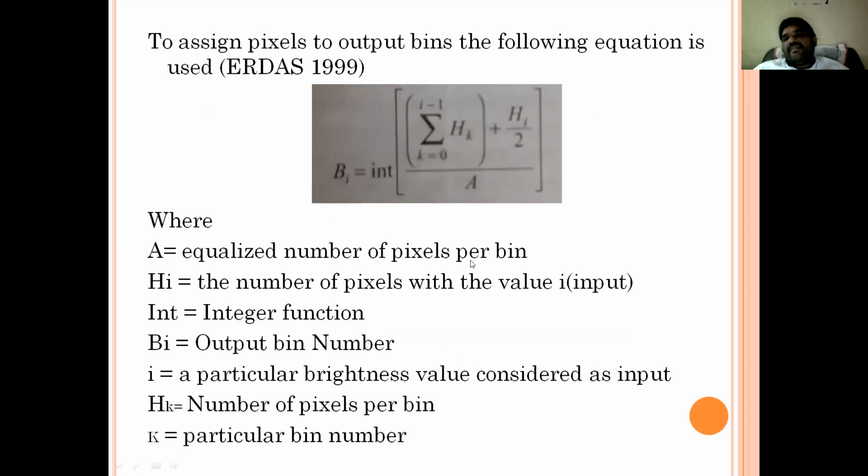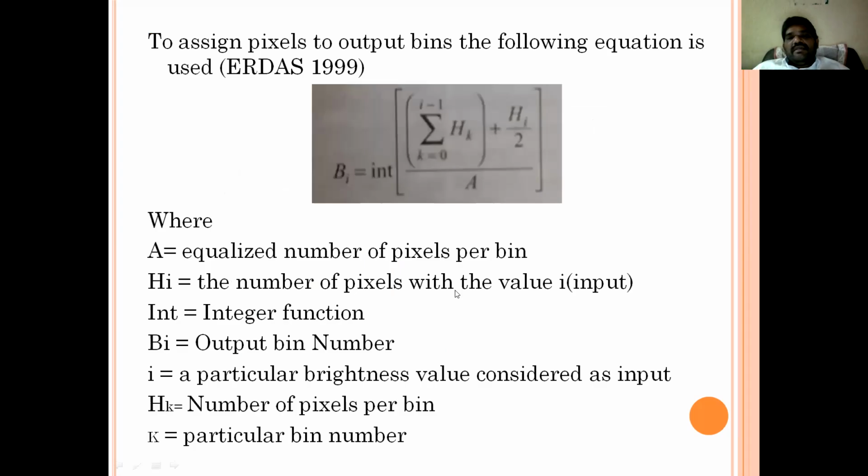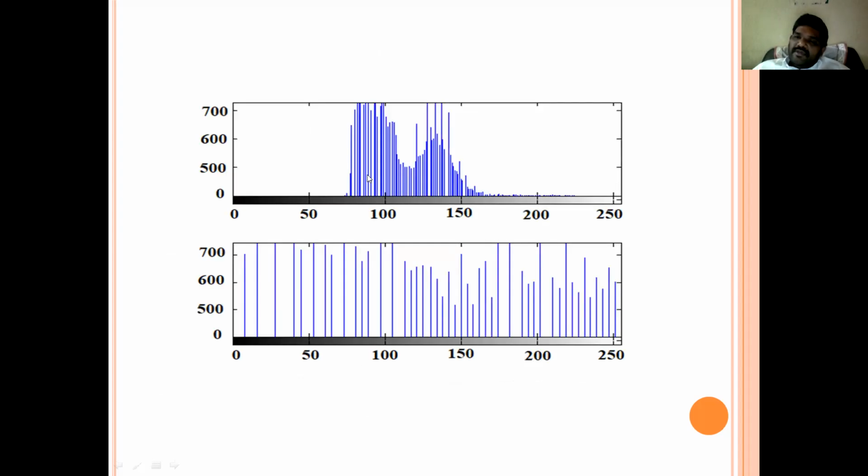Once we applied the formula, this is the output. The following equation is this one. After the whole process, the histogram of high and low frequencies having various digital numbers will be like this.